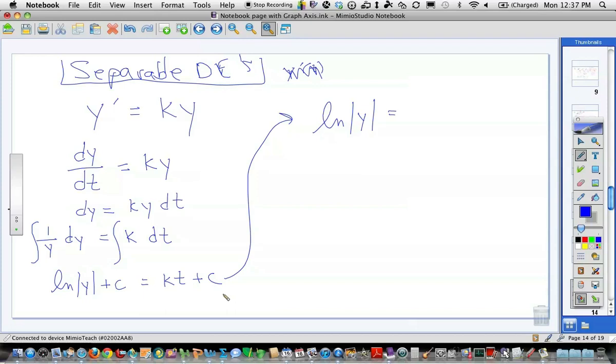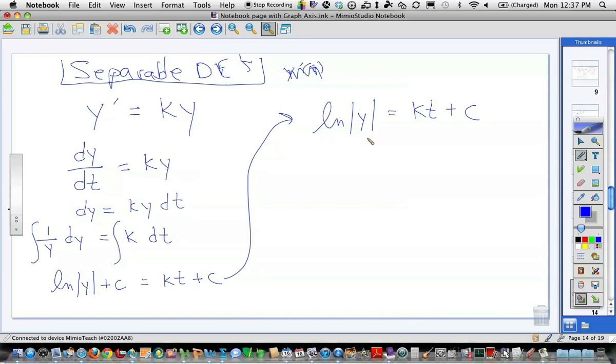I just get another constant. So here's what I'm going to do from now on. I don't care if you do it or not, but I'm usually not going to do the plus c when I do the y side, but I am going to do the plus c on the other side. If I do the plus c on both sides, which is really what you're doing, and then you subtract the one over, you just get another c.